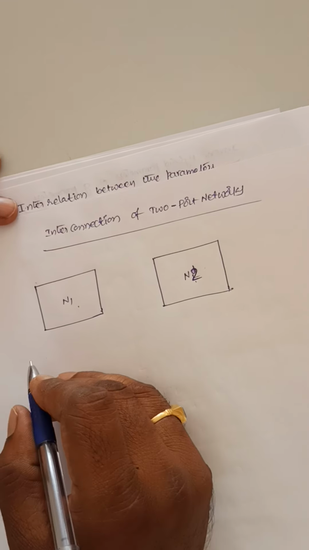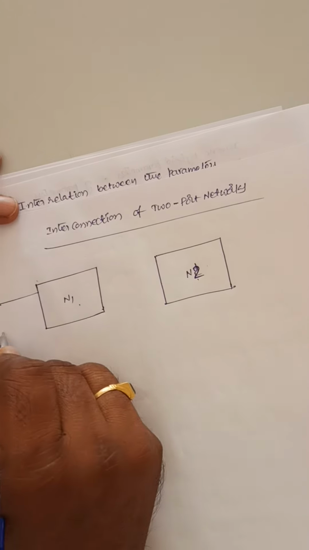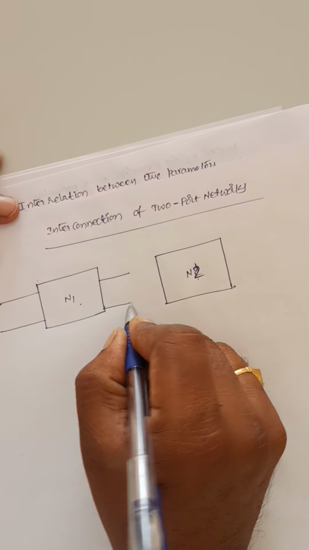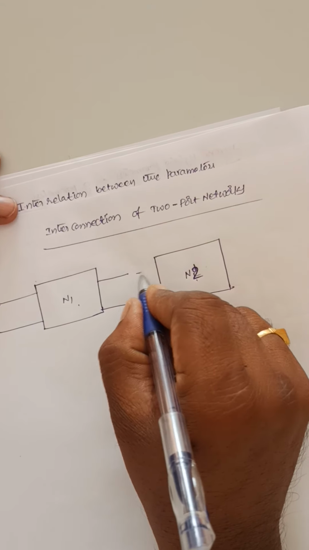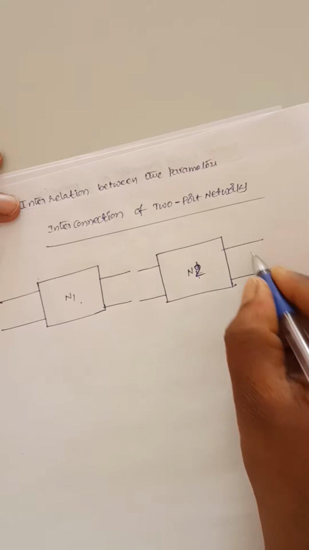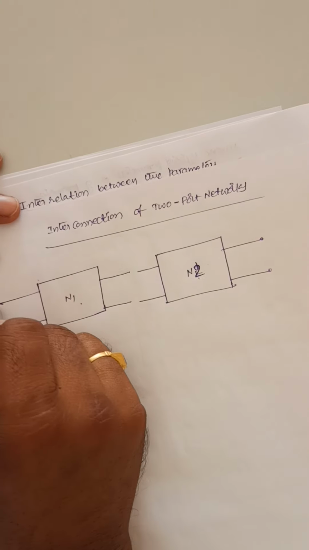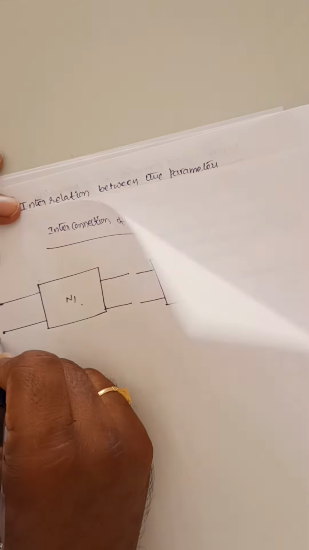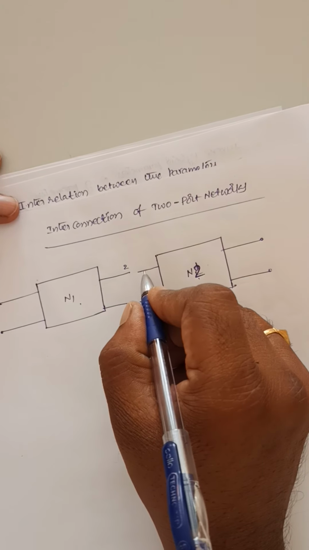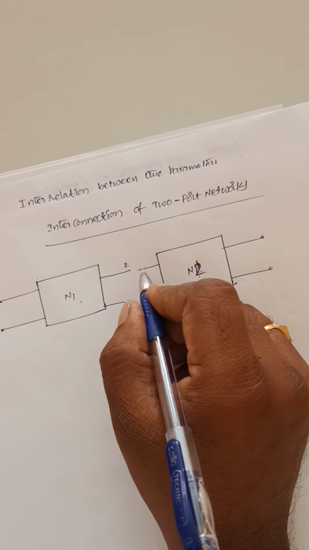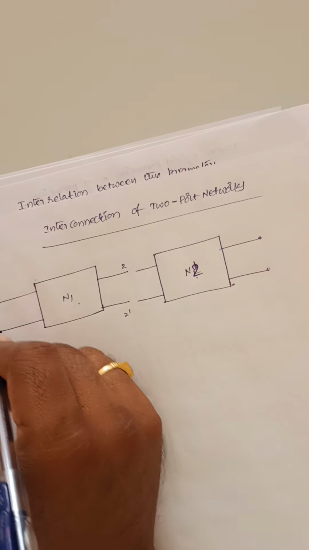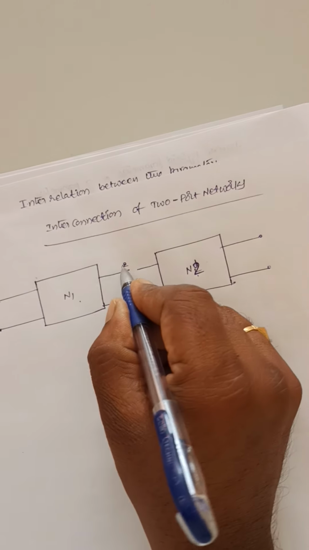Now the input has two terminals, the output has two terminals. The other network is also having two input terminals and two output terminals.